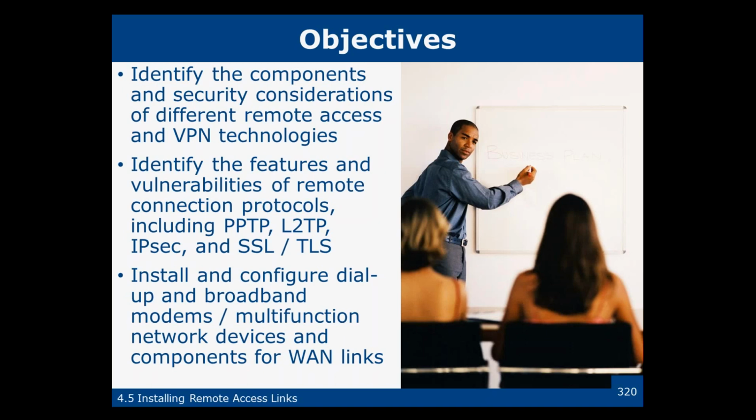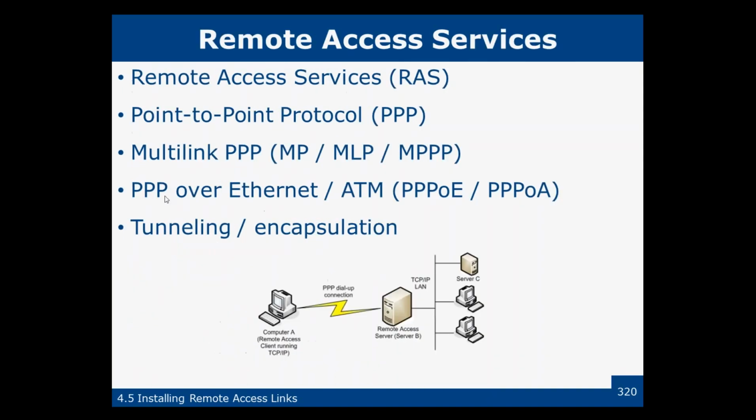SSL is one that a number of people are going to now because typically port 443 will be open through the firewall to get to the secure web server, so you just use HTTPS in order not to have to open up additional ports on the firewall. Install and configure dial-up and broadband modems, multifunction network devices, and components for WAN links.